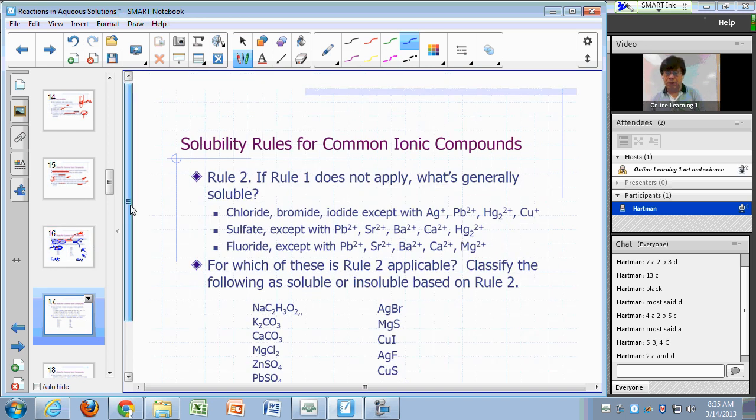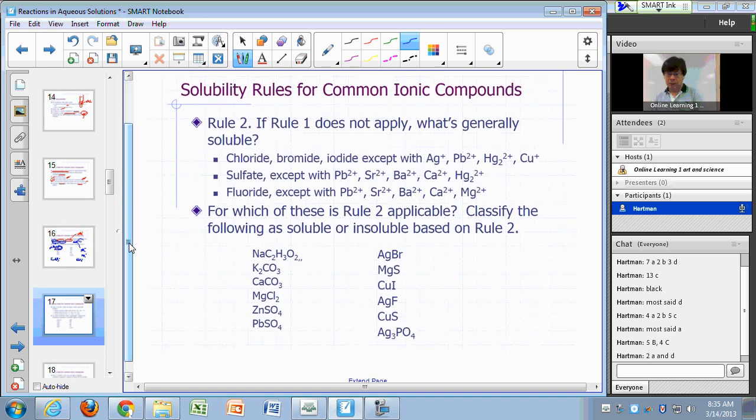So rule number 2 says, if rule number 1 does not apply, rule number 2 tells you what's generally soluble. This one says anything that's got chloride, bromide, or iodide, except in combination with silver, lead, mercury 1, and copper plus 1, is generally soluble.